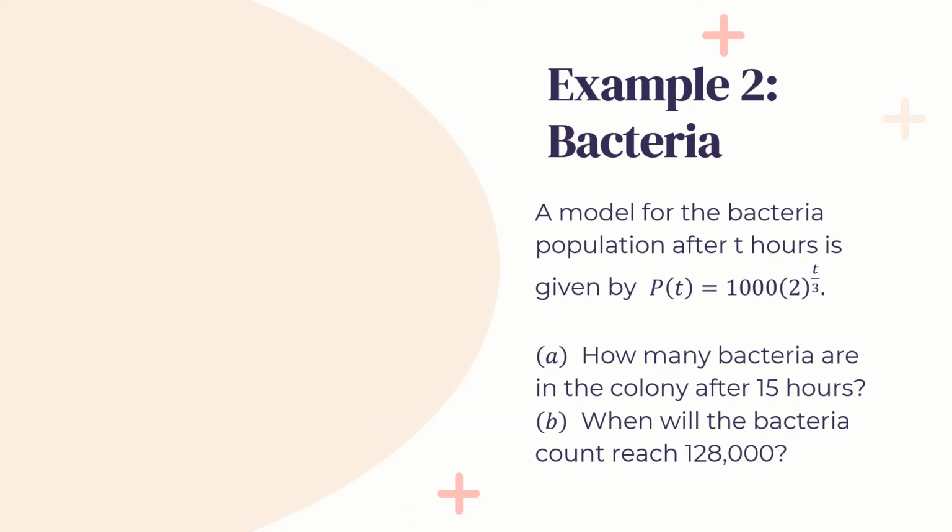Example number 2 is for bacteria. A model for the bacteria population after t hours is given by P of t is equal to 1,000 quantity 2 to the power of t over 3. Question, sir, what if the model is given already? Then you don't have a problem at all.